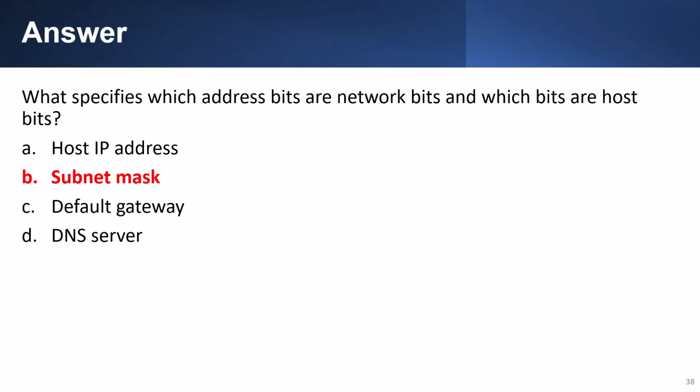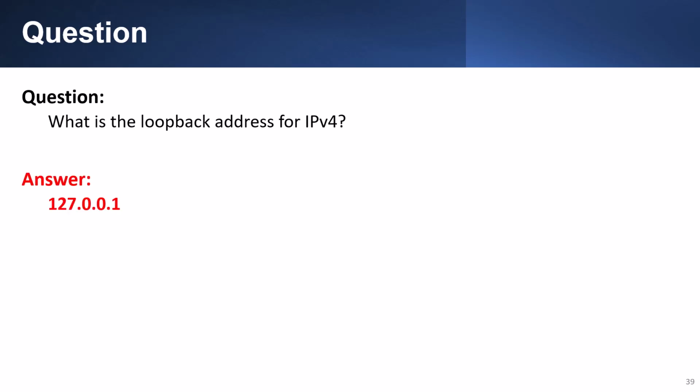Answer: subnet mask. Question: what is the loopback address for IP version 4? Answer: 127.0.0.1.